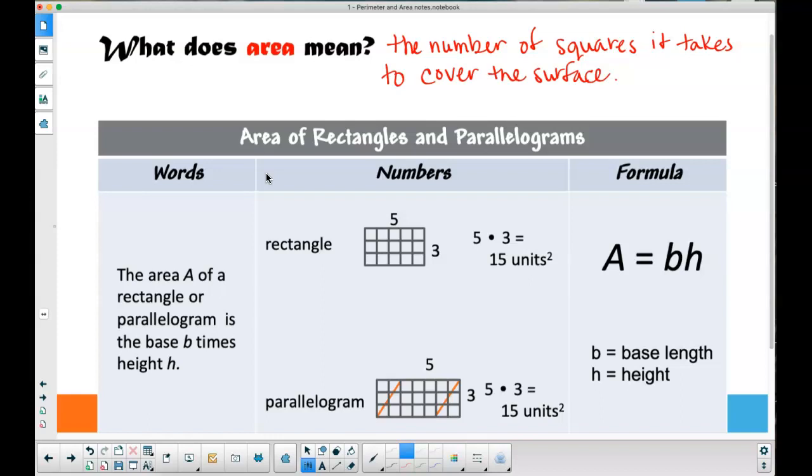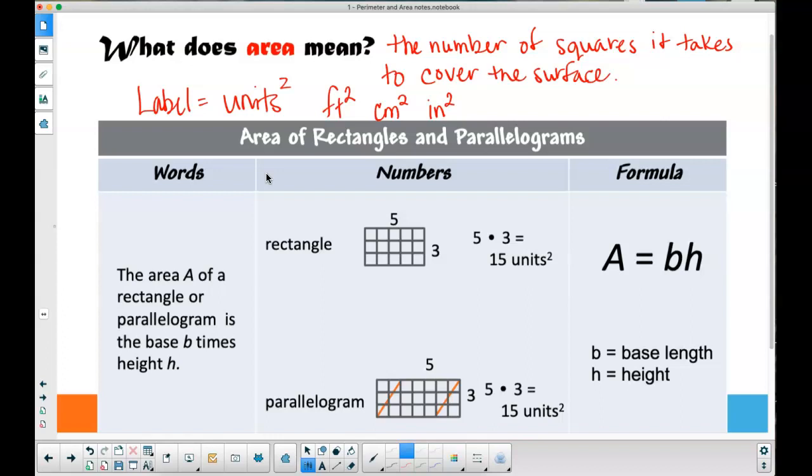Okay, when we label area, that's why we always label it units squared. Okay, that doesn't mean to square the number. That just means we're talking about a square foot, or a square centimeter, or a square inch. Okay, so it's 1 inch by 1 inch, or 1 foot by 1 foot. Okay, that's what that means.